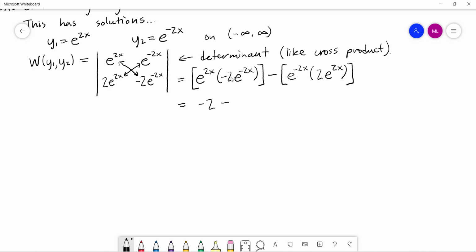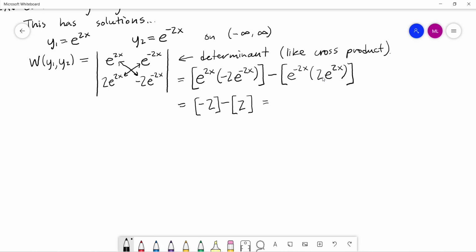And from that, I'm going to subtract, so let me just do it in the square brackets so it's clear where each piece came from. So this whole thing here in these first square brackets became a negative 2. From that, we're subtracting whatever we get from here. So same thing, e to the negative 2x, e to the positive 2x, add the exponents, they'll become 0. We have e to the 0, which is 1, times a 2, so this whole piece is just a 2.